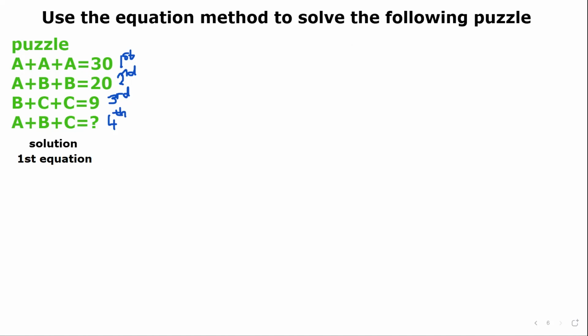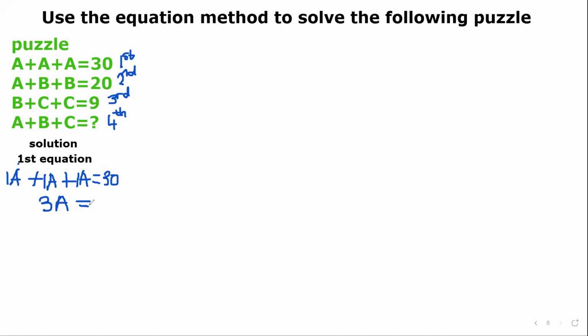The first equation is A plus A plus A will give you what? 30. Okay. The coefficient of A is 1, 1, 1. So 1A plus 1A plus 1A will give us 3A, okay?